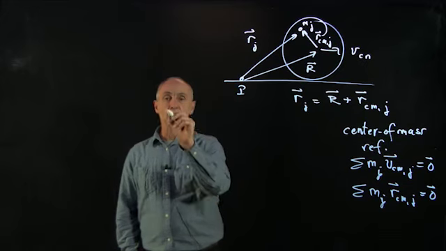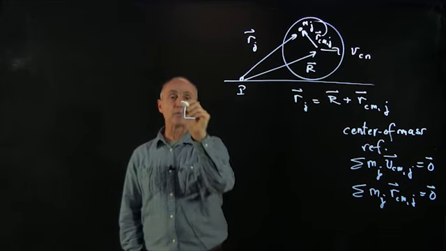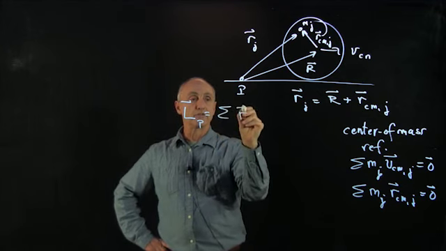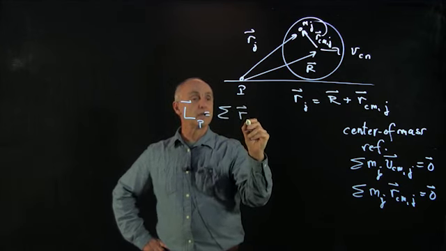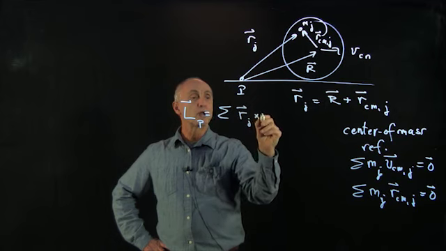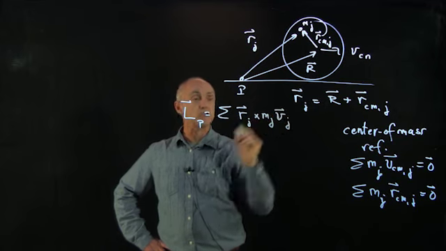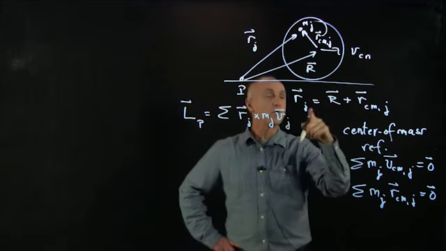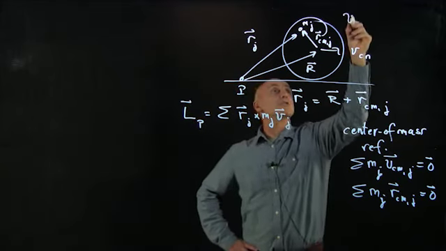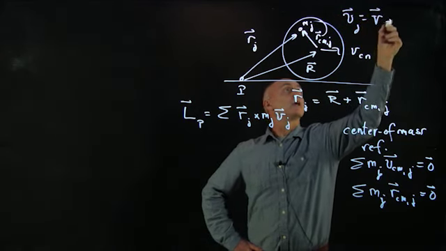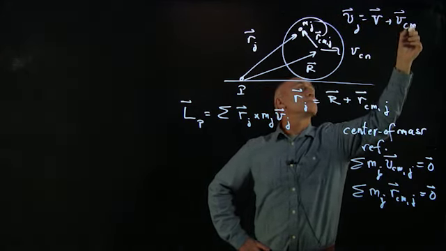So recall that angular momentum about a point is the sum of the vector from the point, cross mj times the velocity vj. Now, we can also use our law of addition of velocities. Vj is V plus vcmj.